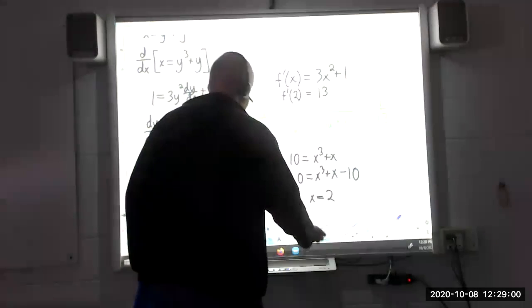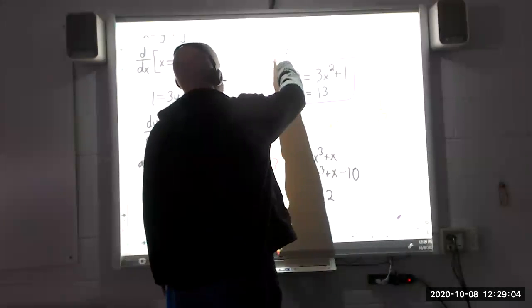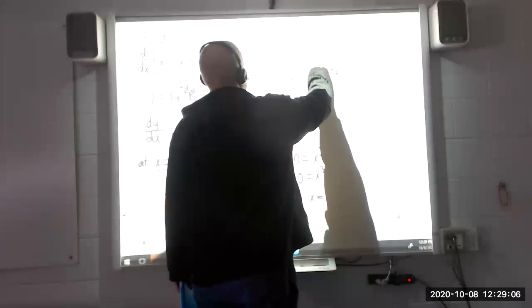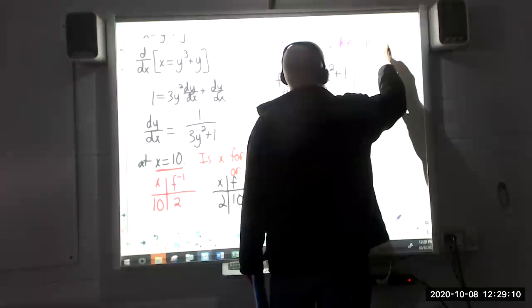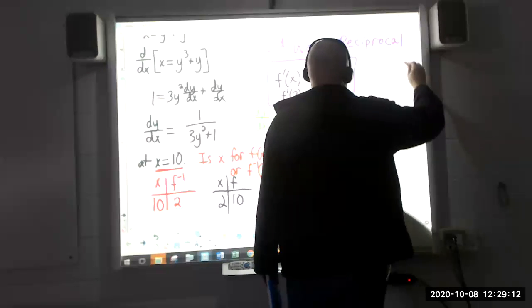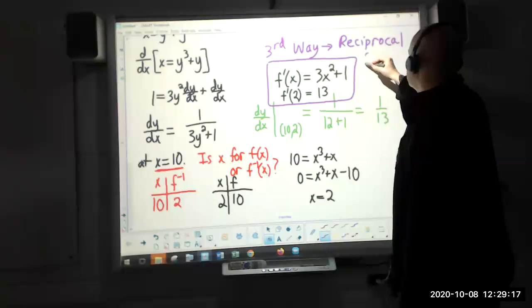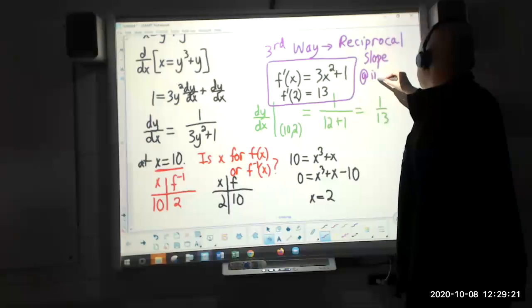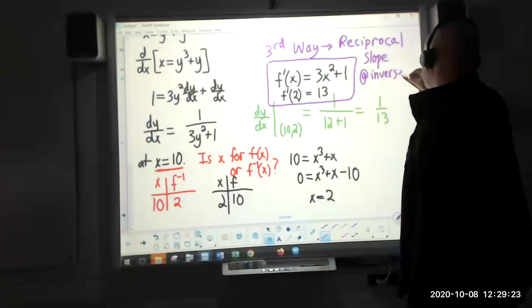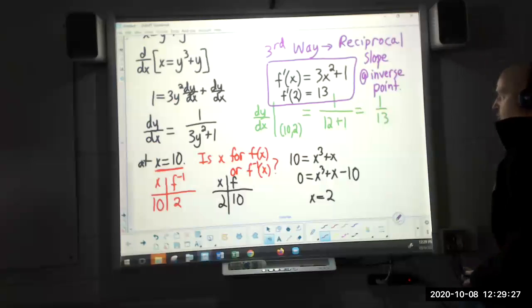And this right here is the third way. And that's what we spent most of our time developing on Desmos and before the break. Reciprocal slope at the inverse point. So last time I'll repeat this today.